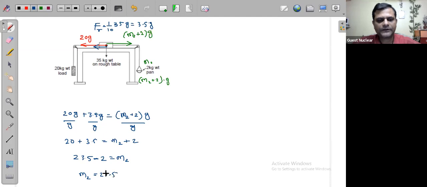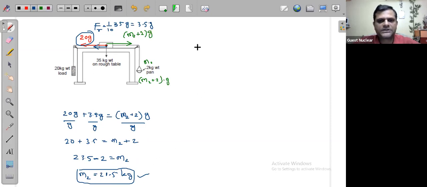So 21.5 kilogram. But again, we don't have the mass of 0.5 kilogram here. So we can just put a mass of 21 kilogram only in the pan so that it will just be able to be at rest. ये देखो, ये जो फोर्स है 20g इतना जो फोर्स है वो ऑलरेडी एक्ट हो रहा है इस डायरेक्शन में, and in order to balance that force we'll have to put the maximum force here, and that force will be actually 21 kilogram here.